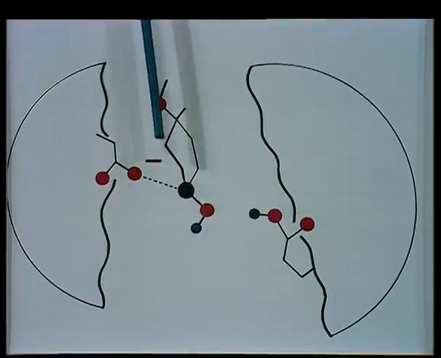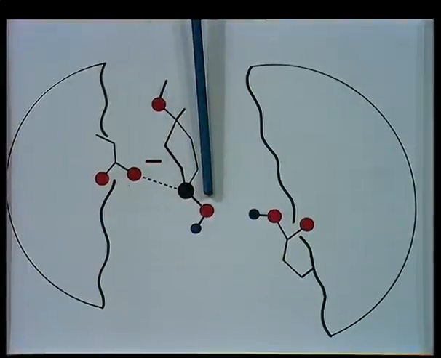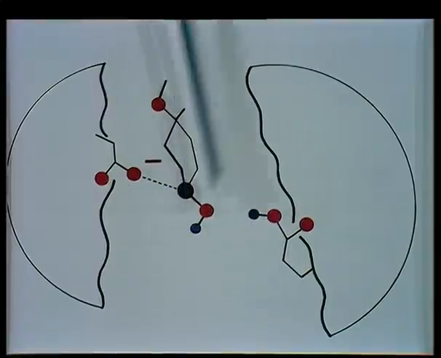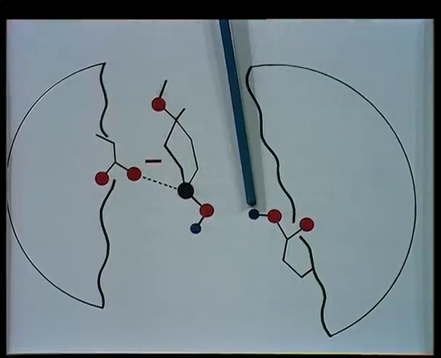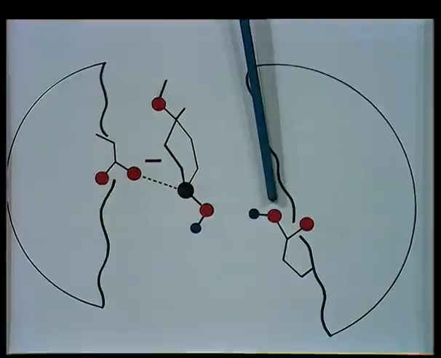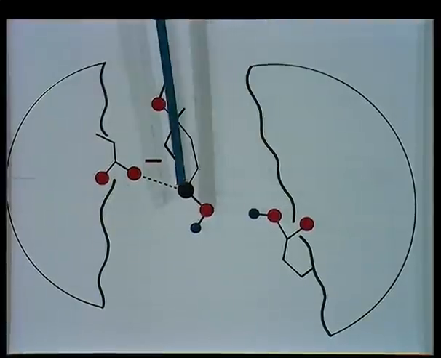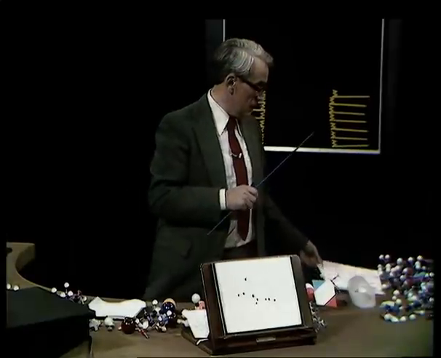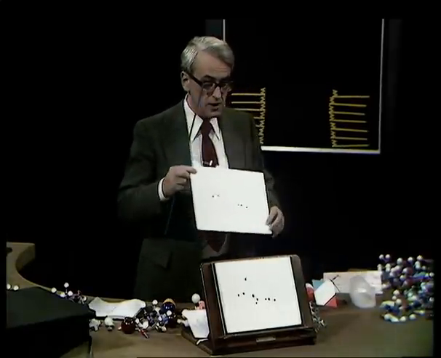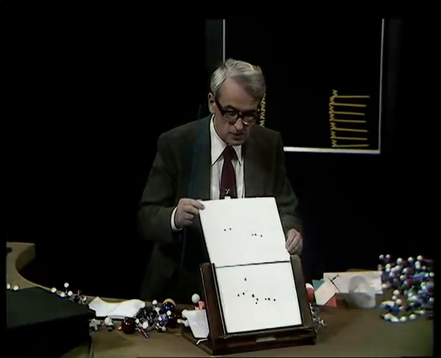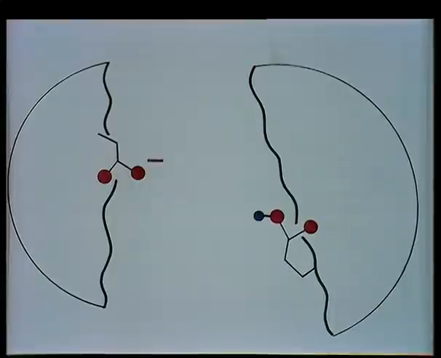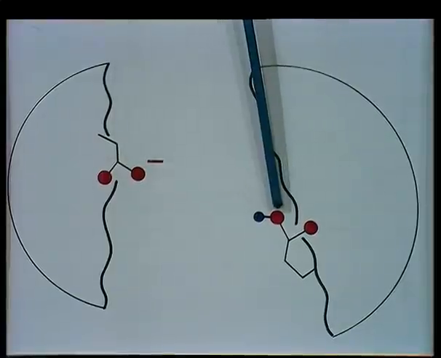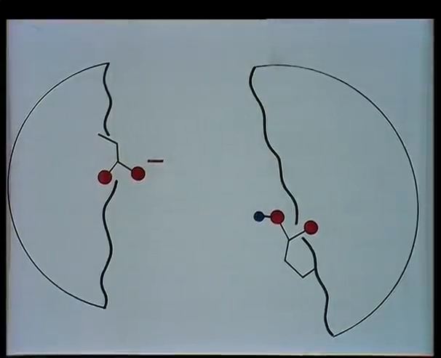Now we have a bond from the carbon to the oxygen from the water, which has got another hydrogen on it, of course, and the other hydrogen has gone across and neutralized the charge on this oxygen. And now this piece can fall off. And when it does that, we shall find that the enzyme is in just the state it was in to begin with, like that, with this one negatively charged and this oxygen carrying a hydrogen.